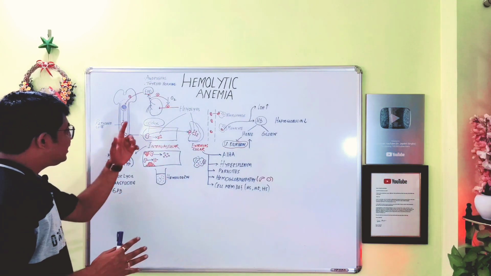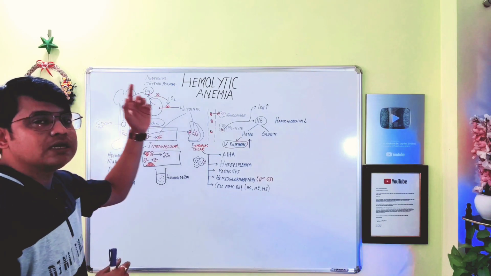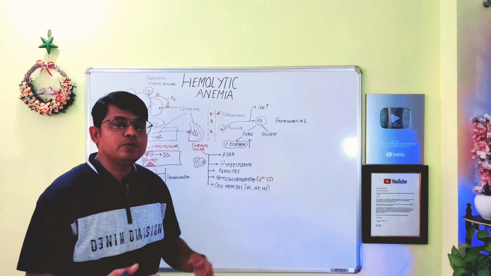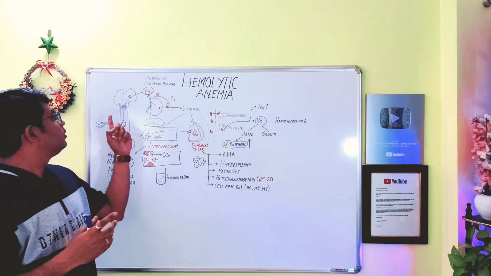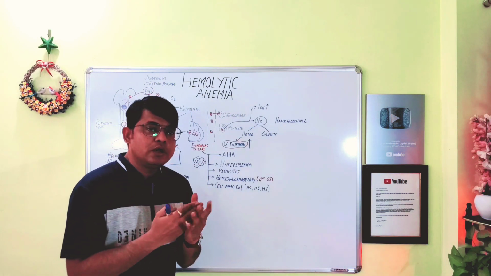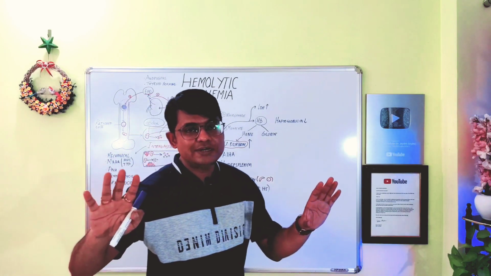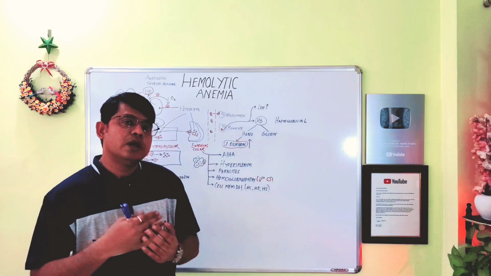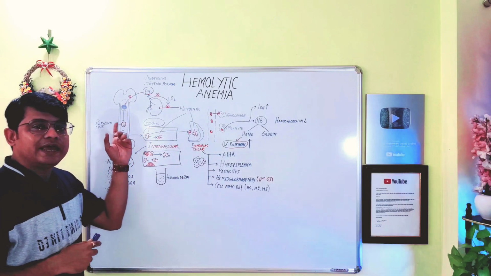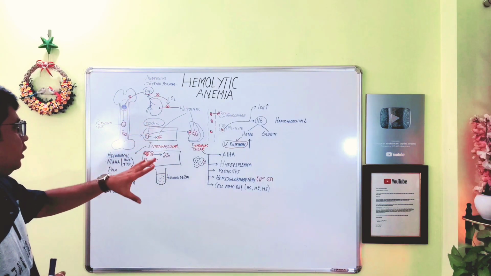In case of hemolytic anemia, the body tries to compensate by producing more and more RBCs, that means there will be more and more red cell precursors within the bone marrow. So if we do a bone marrow examination in case of hemolytic anemia, which is not usually done, we find there is erythroid cell hyperplasia within the bone marrow.